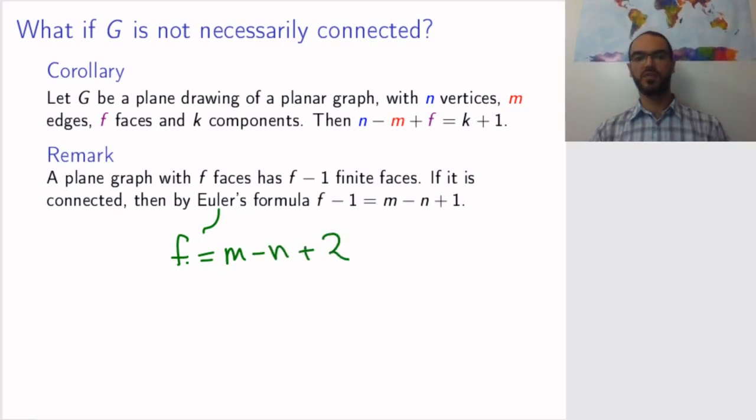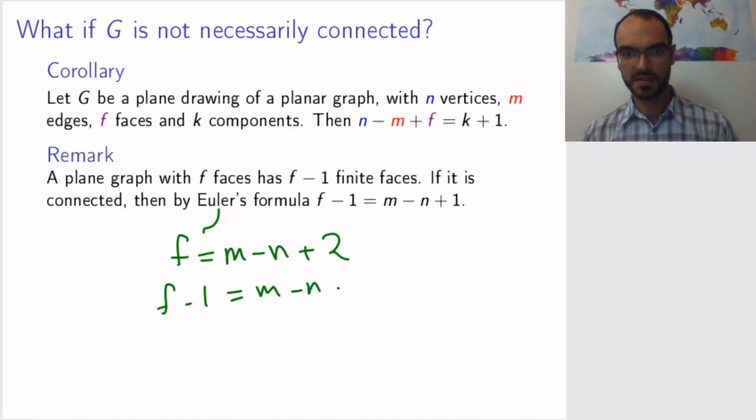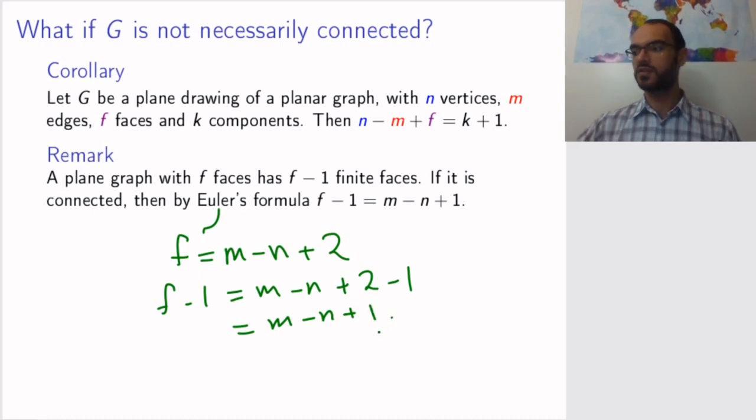This was a way to solve for f from Euler's formula. And therefore f minus 1 is going to be m minus n plus 2 minus 1, in other words, m minus n plus 1. So keep this in mind: in a connected graph, the number of finite faces is m minus n plus 1, where m is the number of edges and n is the number of vertices.